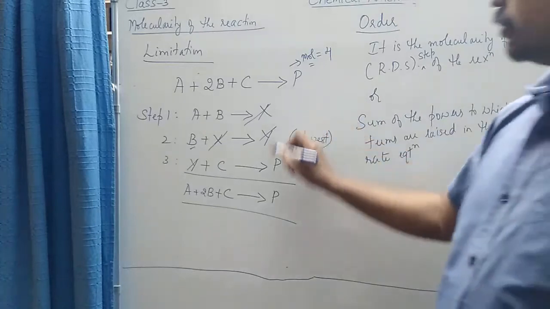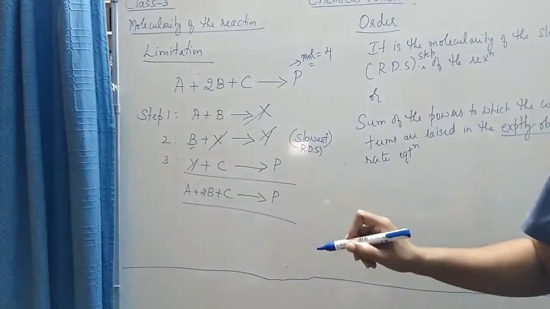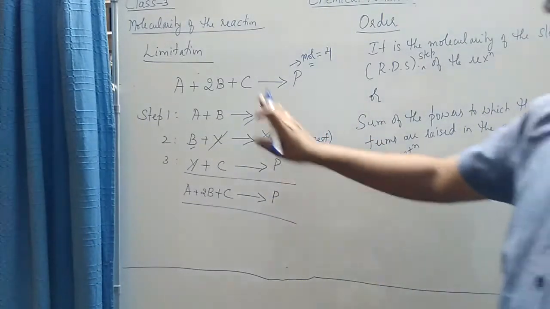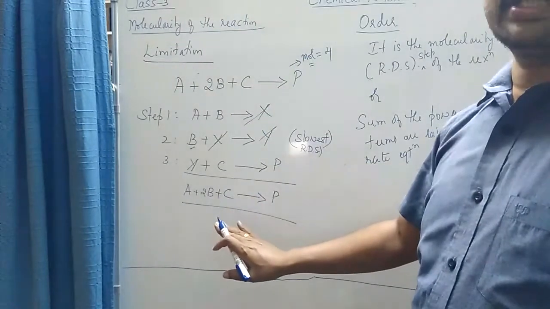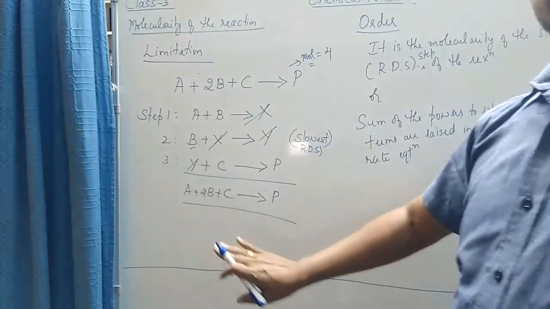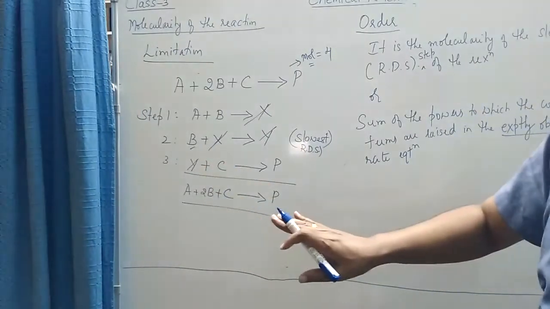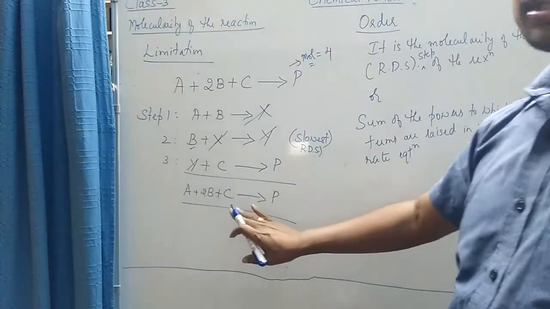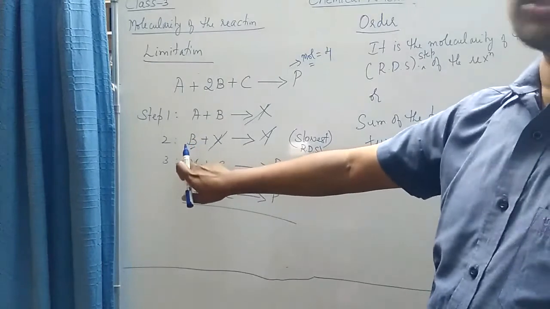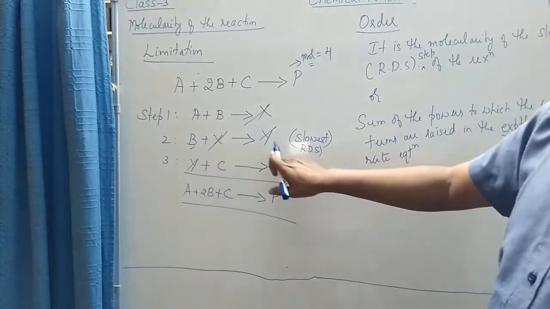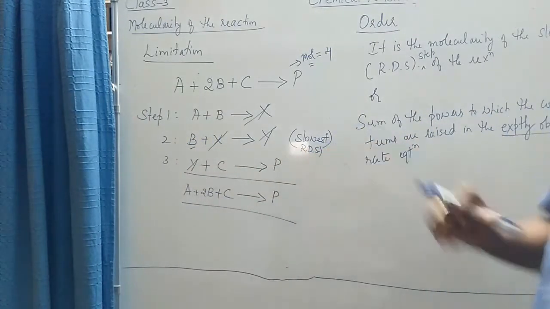So how did we predict this mechanism? By doing some experiments. Okay, we had obtained this mechanism. So this is an experimentally determined mechanism, and which is the rate equation for this reaction? The rate equation is the second step, that is B plus X giving Y, which is the slowest step.